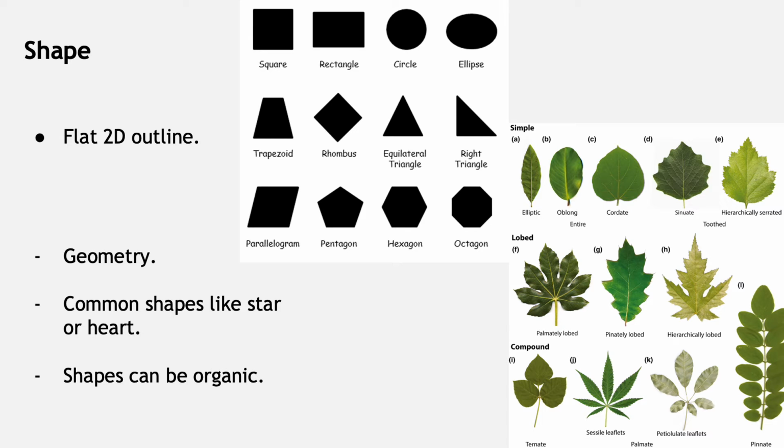But I also want to stress that shapes can be organic. So I added in this picture of different kinds of leaves because if we look at their outline, they are all different and organic. It's not using straight, clear-cut lines like in geometry or perfectly curved ones as well.